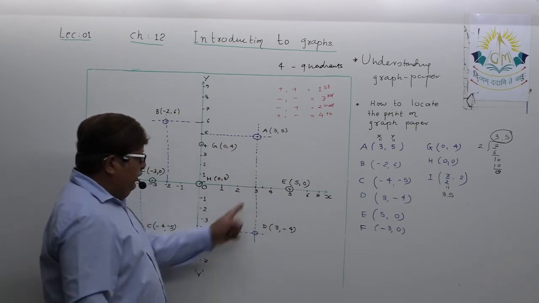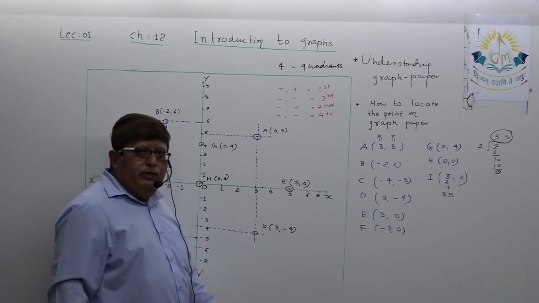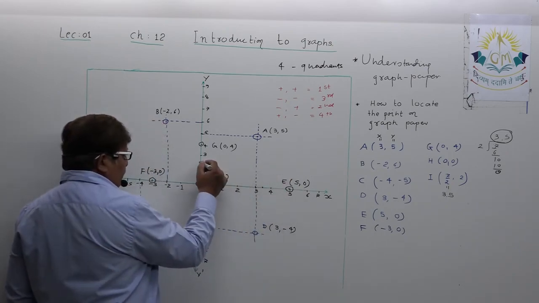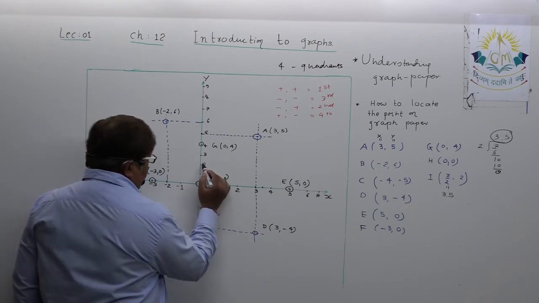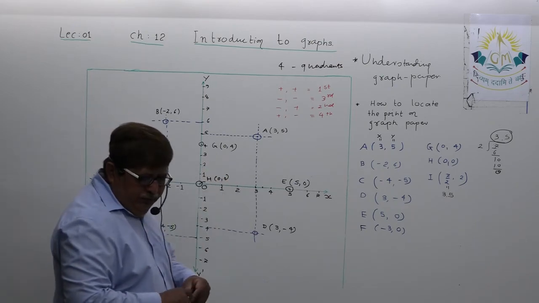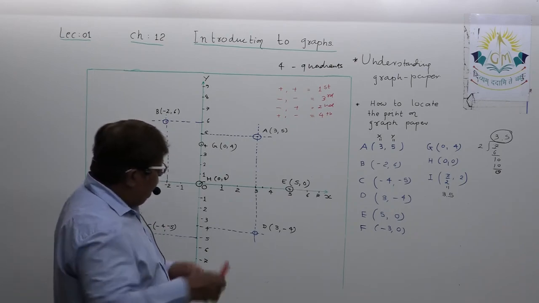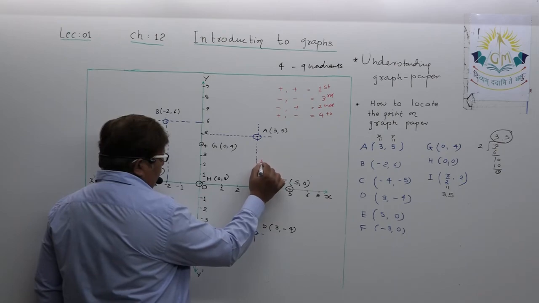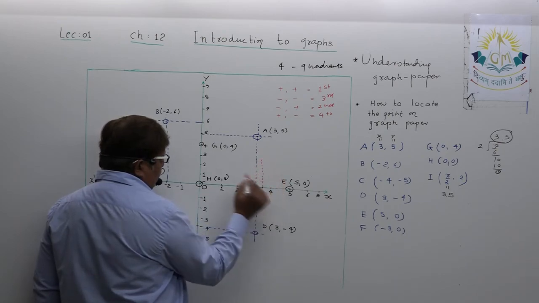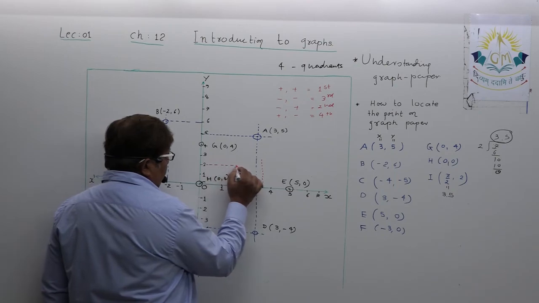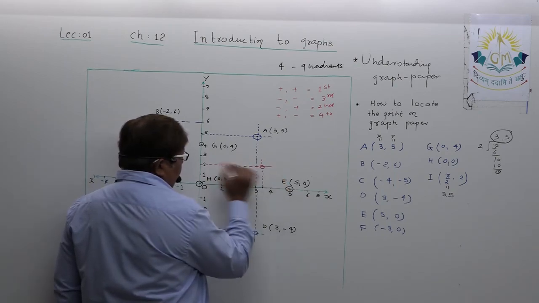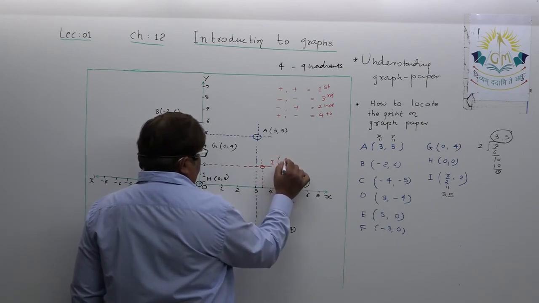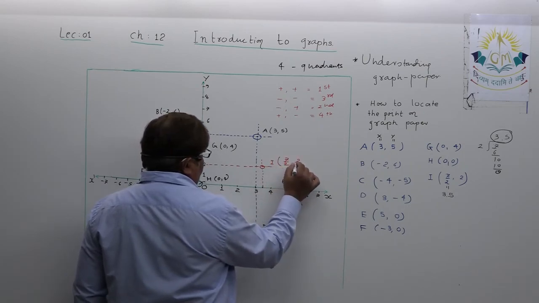Exactly between 3 and 4, you will get 3.5. And y coordinate is 2. So you just draw a dotted line from 3.5 as well as from 2. So this is actually the point of our interest, I (7/2, 2).